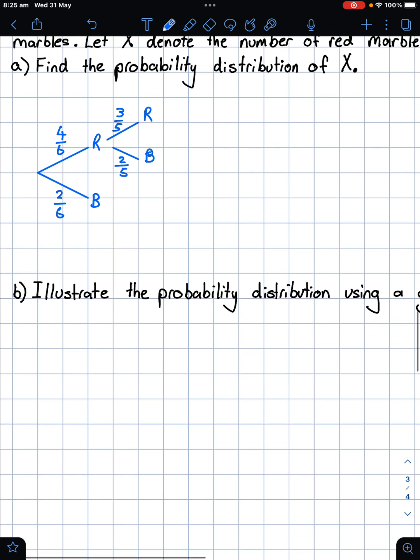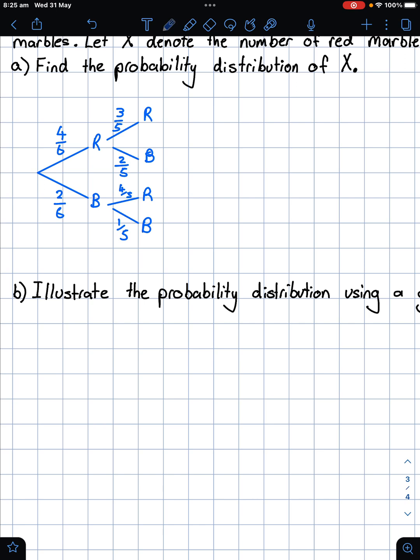Okay, now this other one here, if we pick blues, we've got all 4 reds from the start, we're still in there, so we've got 4. Well, and so picking a red, we've got 4 over 5, and then here we've got picking a blue, and this one here would be 1 over 5 because we picked a blue in the first one, so there was only 1 marble left.